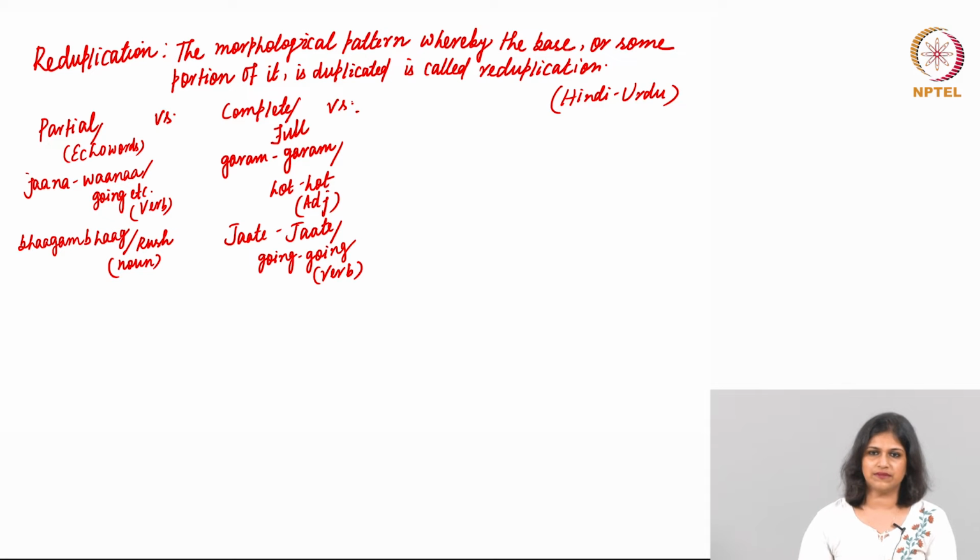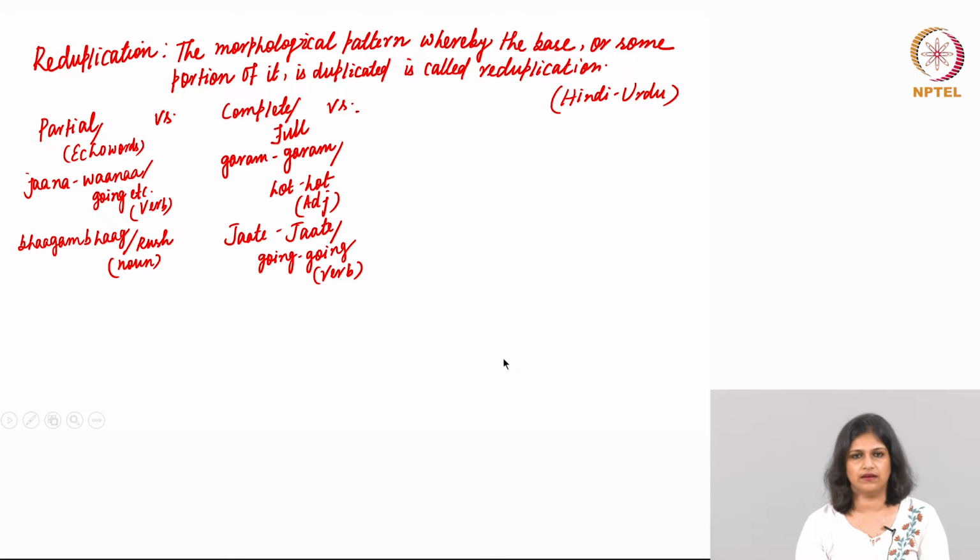There are more examples if you refer to the data given in Moravcik's book, Introduction to Language and Linguistics, published by Cambridge University Press. There are data from Ewe language, Latin, Mandarin, and Bicol. So, maybe I will just quickly write the languages which would be discussed by Moravcik.